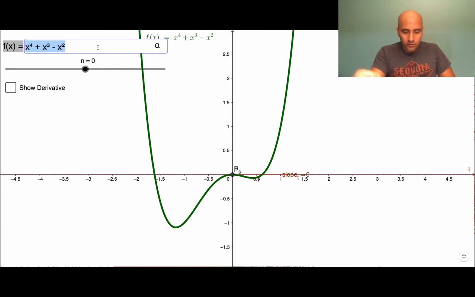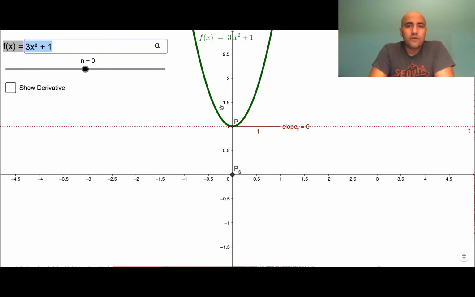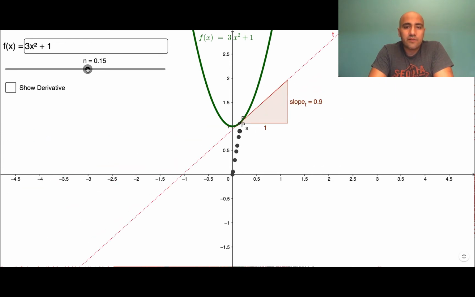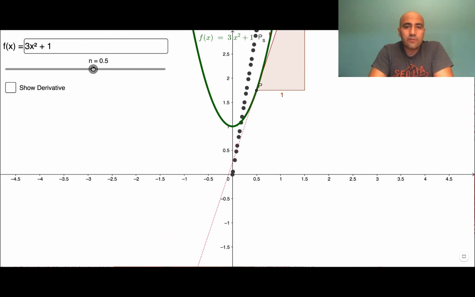So let's go back to the one we did in the very beginning. We had 3x to the second power plus 1. Let's graph that. So here's the graph we were working with, and we found that the derivative was equal to 6x. So the slope is 0 there, and then as I move to the right, I get a small positive, bigger positive, really big positives.